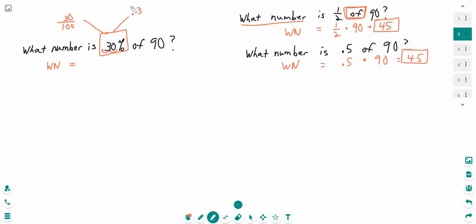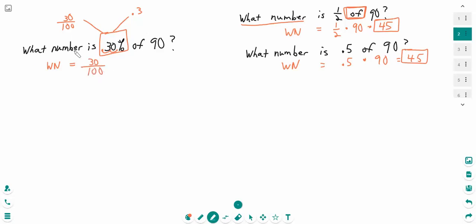Now, which one of these you would like to use in your equation is totally up to you, whichever one you feel would be less work for you. All right, but both of them are totally legitimate and legal. So let's go with the 30 over 100. We'll go the fraction.